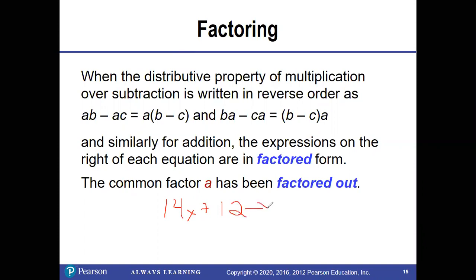Well, if I wanted to factor that, what they have in common, I have a GCF, I have a 2 that's in common. So we factor out the 2, which gives us 7x plus 6, and that's factored out. Okay, and that's the best we can do with that because these do not add or subtract. So, a couple ways that you can look at that.